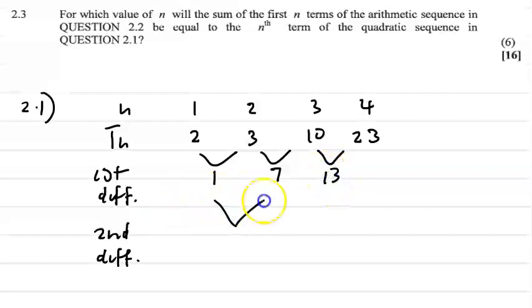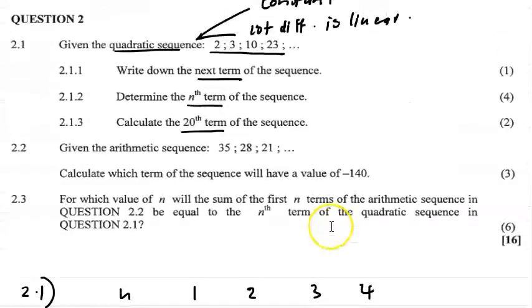My second difference is calculated as follows. 7 minus 1 is equal to 6. 13 minus 7 is equal to 6. And now you can see that we have a constant second difference. Therefore, this is a quadratic sequence. But they told us that in the question.